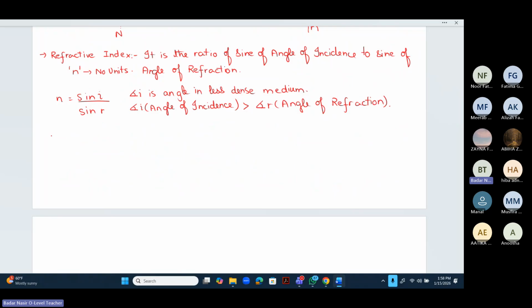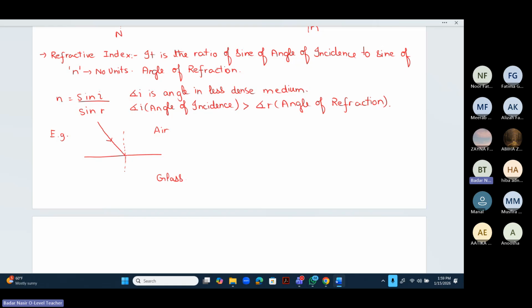So in the example, let's say we have a diagram in which a light ray, so let's say this is a light ray, and the light ray is traveling from air into a glass.